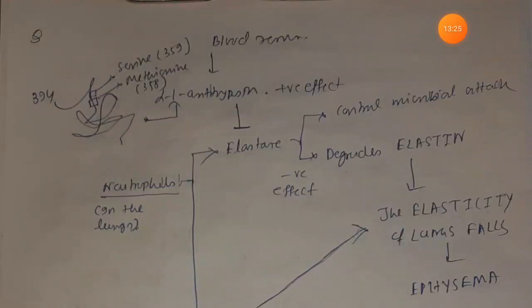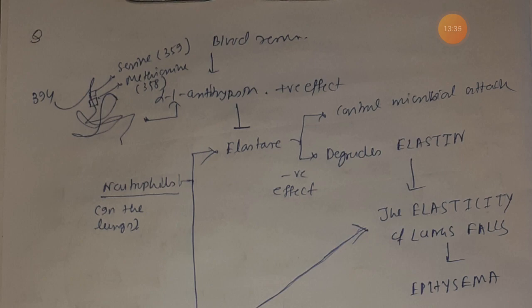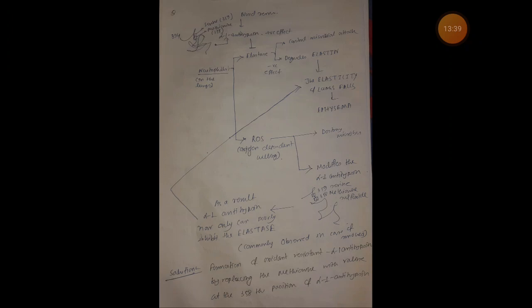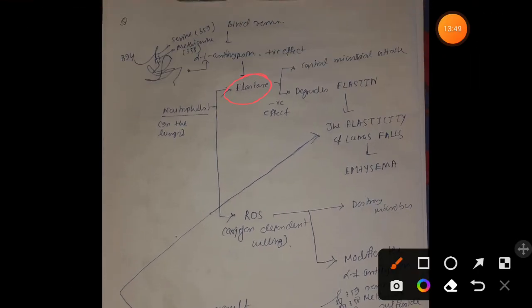As we have changed the methionine to valine, it no longer modifies methionine into methionine sulfoxide, because there is valine in place of methionine. As a result it cannot convert them into a poor inhibitor, and now alpha 1 antitrypsin can easily inhibit the elastase, and as a result the lung's elasticity is not altered. So the chance of emphysema is reduced.